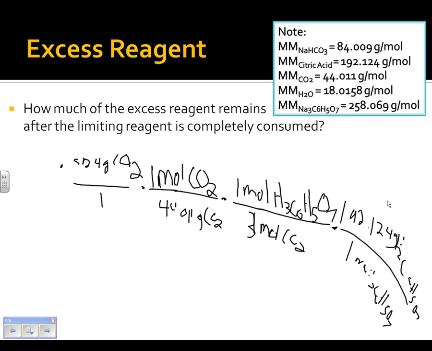We end up with 0.762 grams of H3C6H5O7. Please make sure your answer is correct.